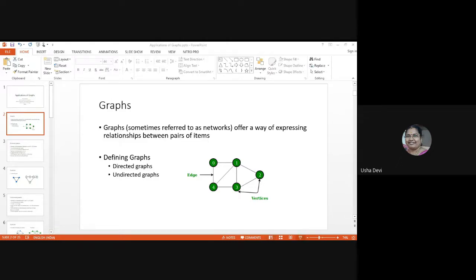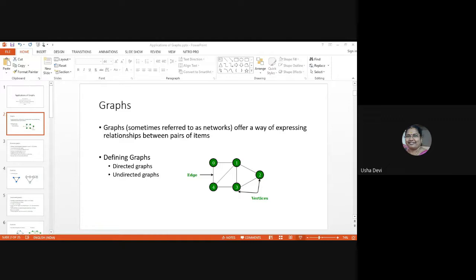Usually in a network, we have some connection of components. These vertices can be called components, and there should be some interaction between one component and another component. That is done with the help of a connecting line.